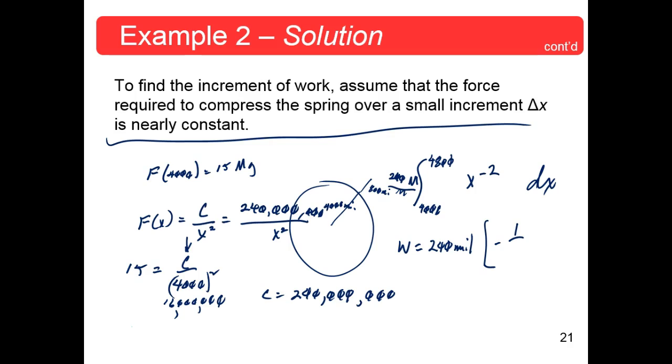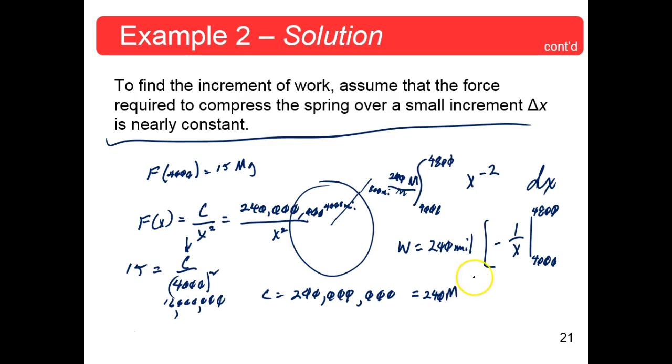Negative x is x to the minus 1 over minus 1, so it's minus 1 over x, which is that exactly. And we're evaluating that from 4,000 to 4,800. Okay. So that would be 240 million.